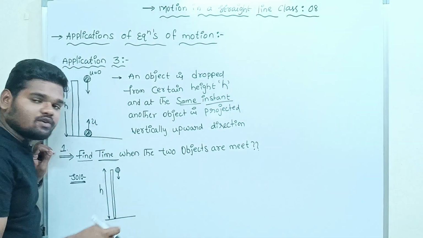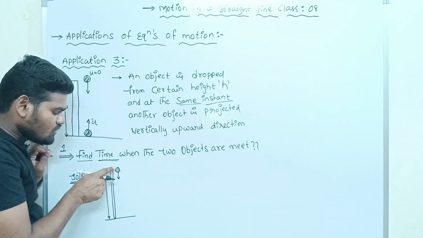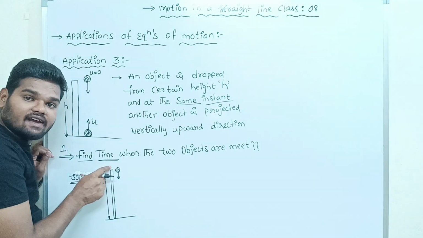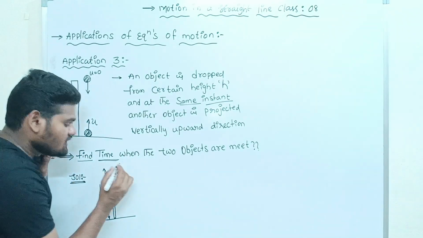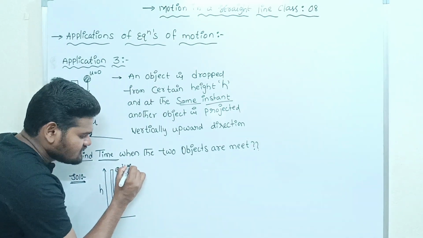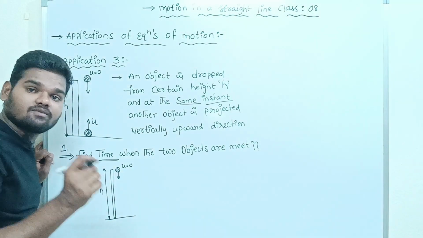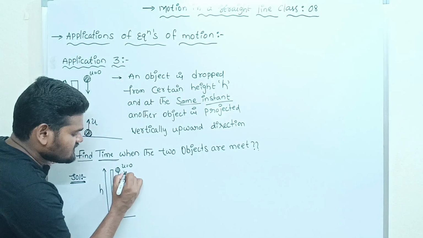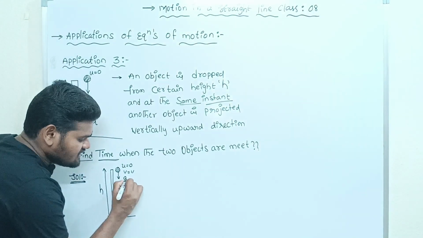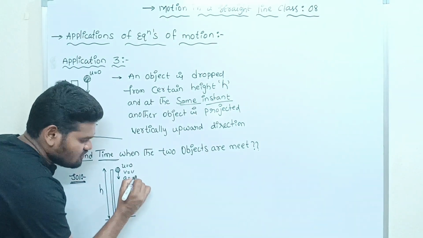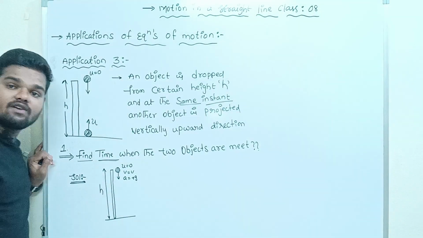Whenever the object is dropped from a certain height, the initial velocity of the object is zero, and it has some final velocity v, and the acceleration due to gravity a is equal to plus g, because it is moving towards the ground.